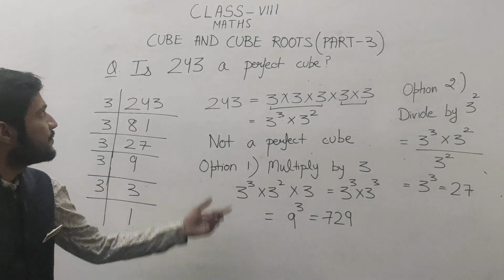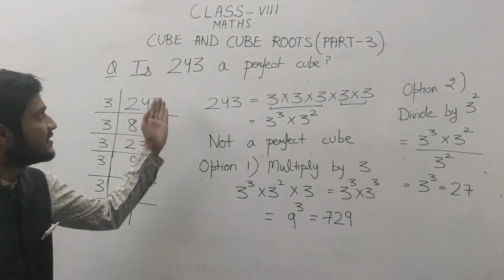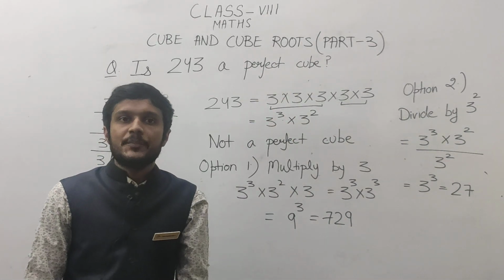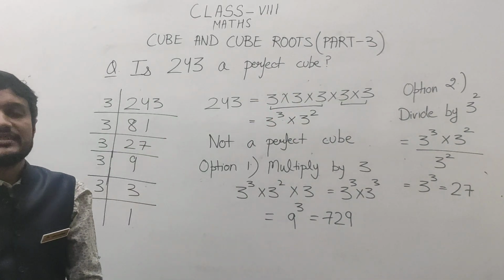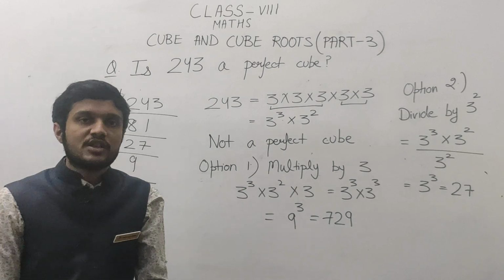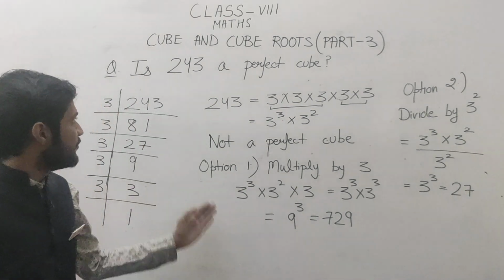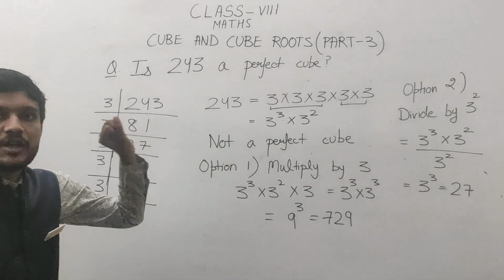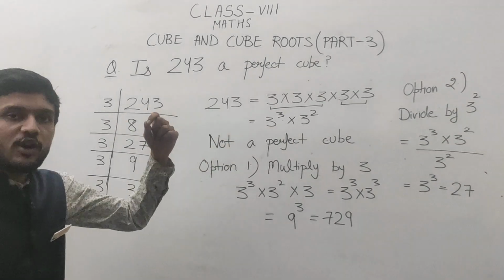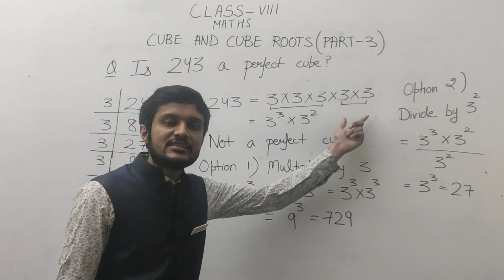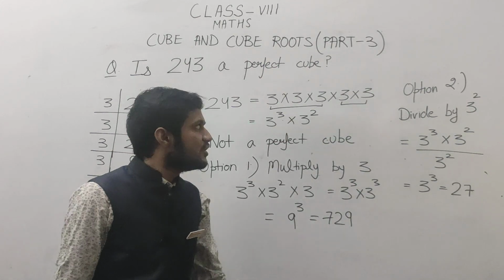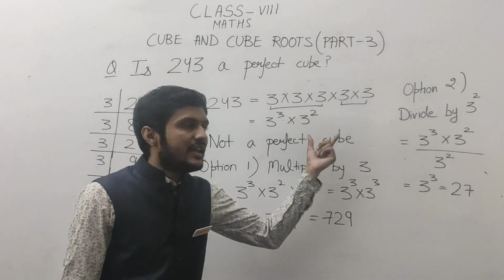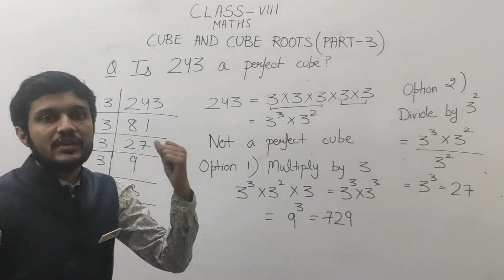For example, if the question comes like this: is 243 a perfect cube? First of all you have to do the prime factorization of 243. The prime factorization of 243 is 3 multiplied 5 times. For forming its cube root, I will start making groups of 3 similar numbers.